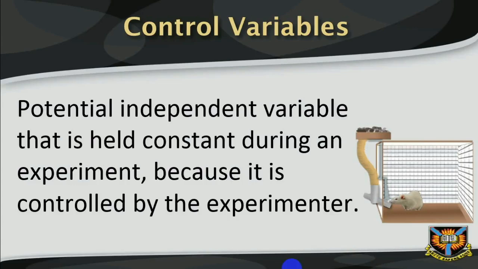Null results often occur in an experiment because there is insufficient control of these other factors. That is, they have been left to vary systematically with the independent variable.